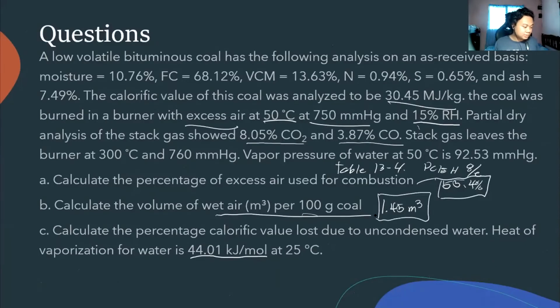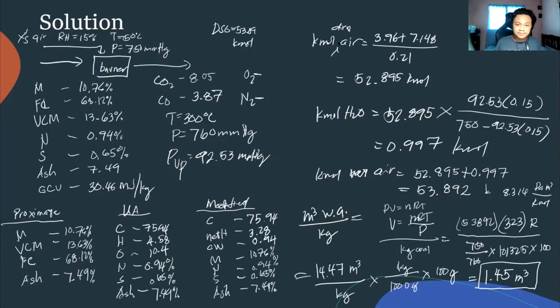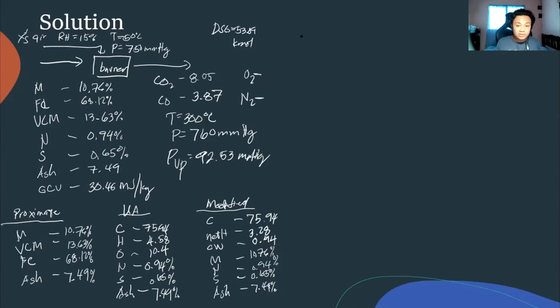So now we'll have to get the last what we are asked of us, the percent CV lost due to uncondensed water. So the way to solve that is using the values here we have in the left. So just have to delete this. So now we have to find the CV loss, diba? Percent CV loss. It's actually due to uncondensed water, diba?